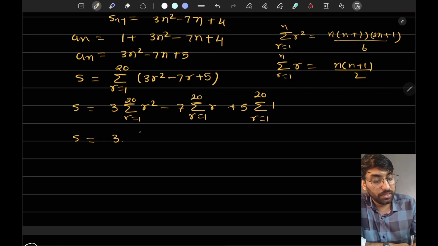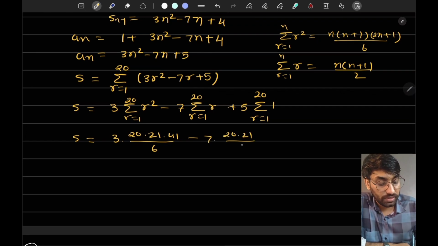So I will get 3 times 20 into 21 into 41 by 6, minus 7 into 20 into 21 by 2, plus 5 into 20. Correct?